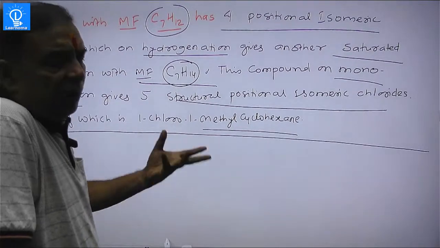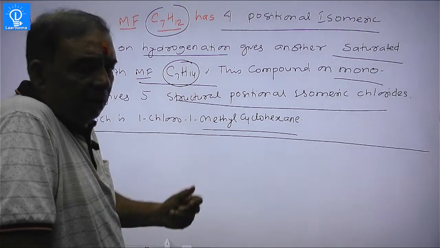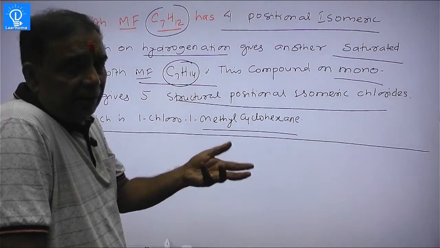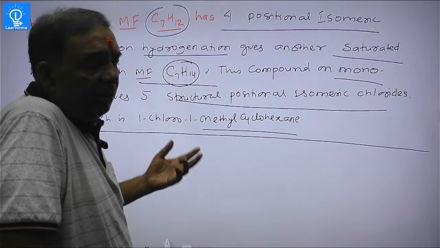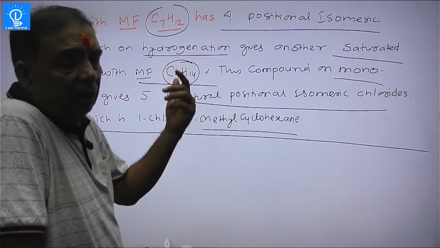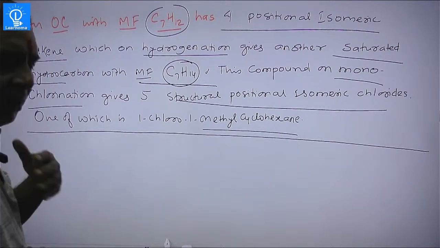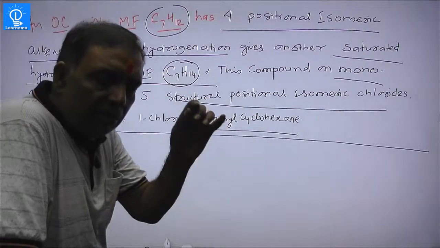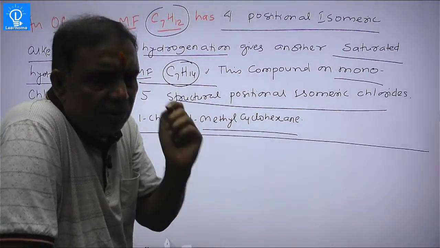That is the beauty of organic chemistry. It is just like spin bowling. Just twist the hand and you will get another method. Sometimes off break, sometimes leg break, sometimes googly. See, how to solve these questions? It seems very tough, but for you it is not tough. It's a damn simple question.